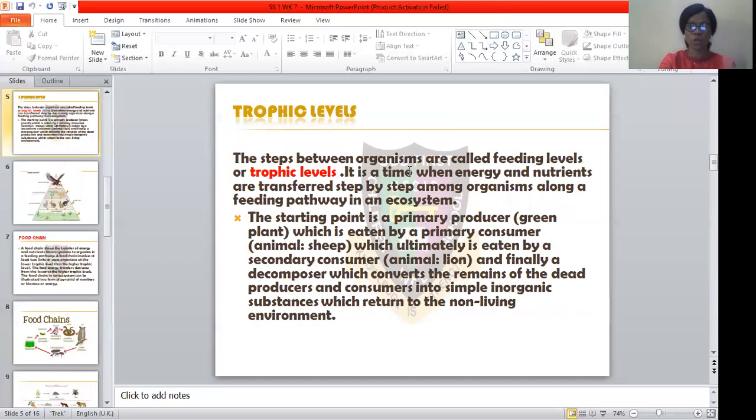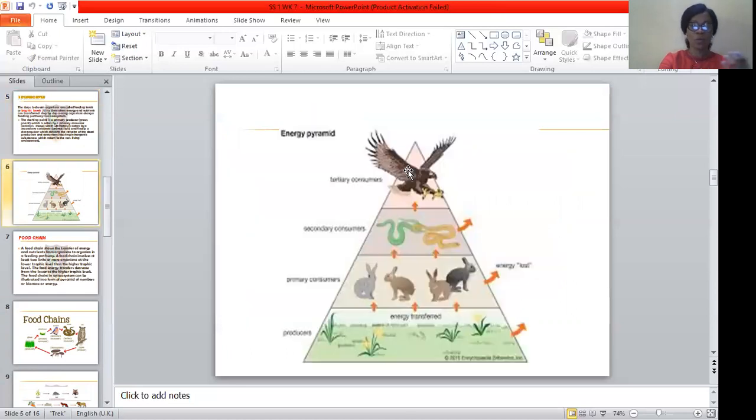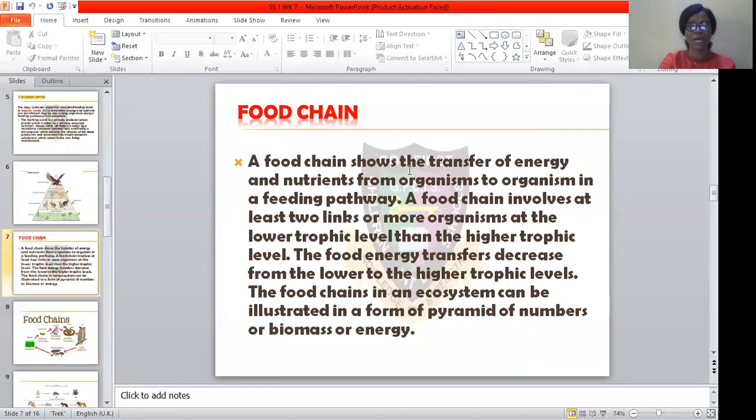We also talked about trophic level, that is the step between organisms, also referred to as feeding level. We talked about the producers, the primary consumer, the secondary consumer, and finally the tertiary consumer. We also talked about food chain, a chain that shows the transfer of energy and nutrients from one organism to another in a feeding pathway.